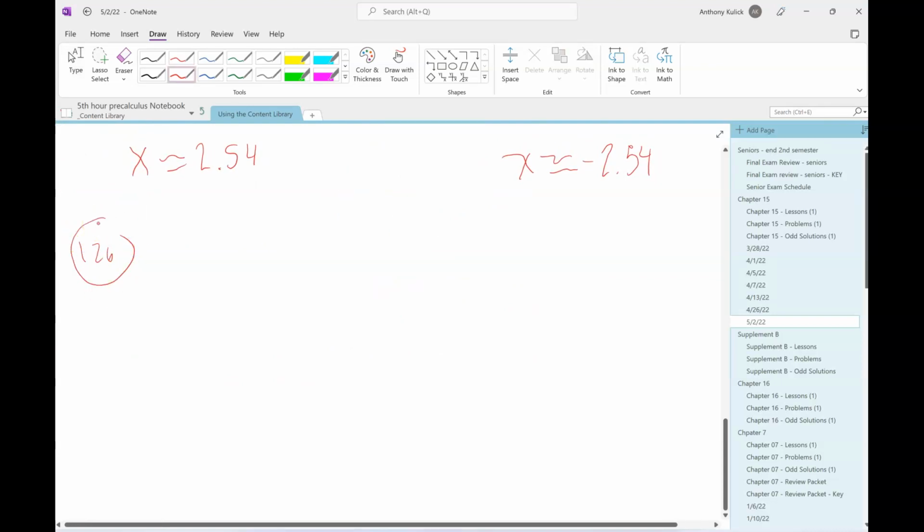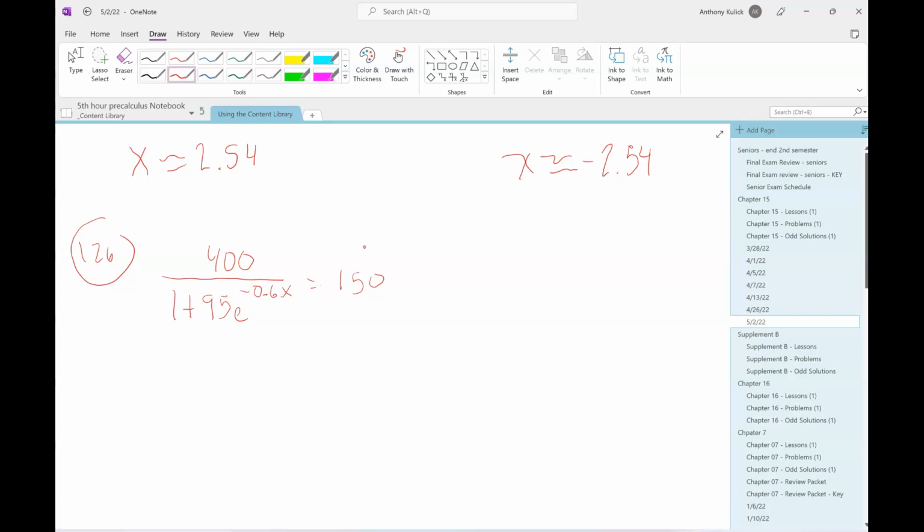126. So we have 400 over 1 plus 95 e to the negative 0.6x equals 150. So far, so good? Okay.